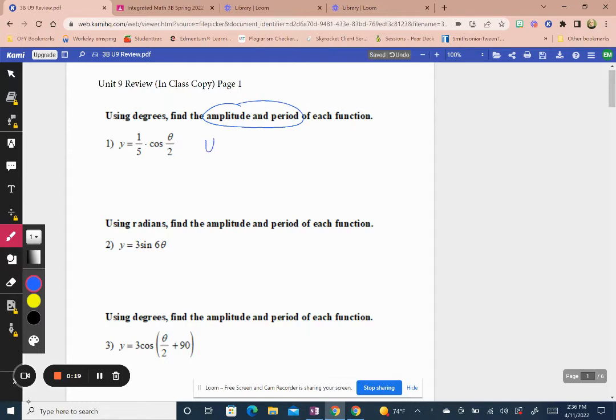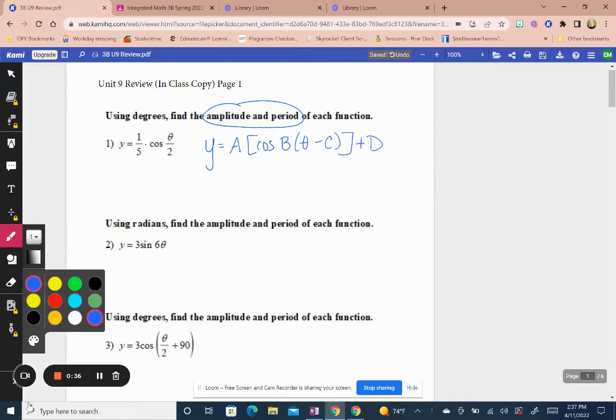Our normal function is y equals a cosine of b times theta minus c, plus d. Okay, there's no plus number at the end, so I can already say there's no d.